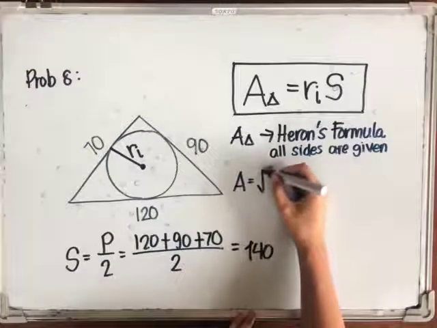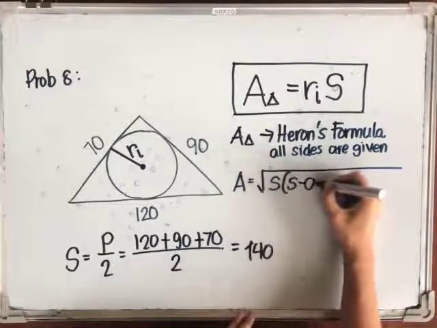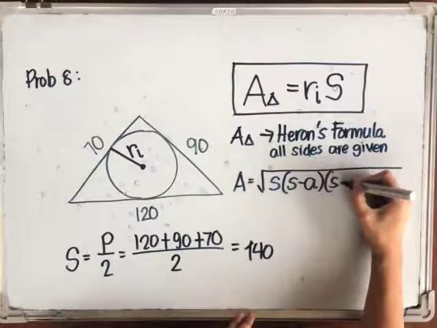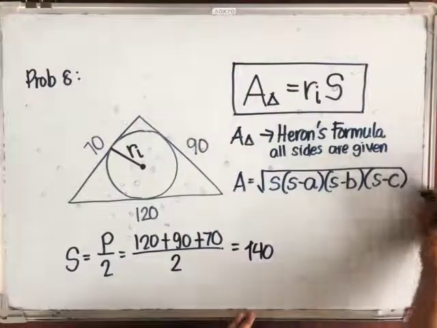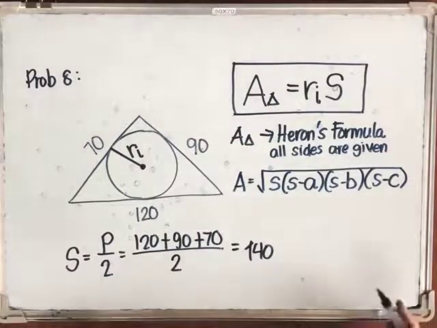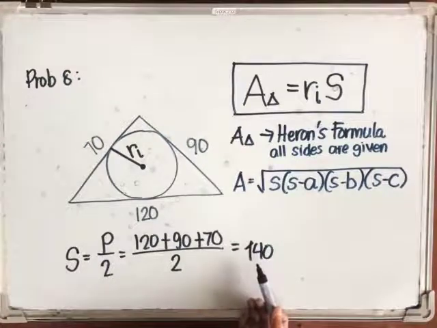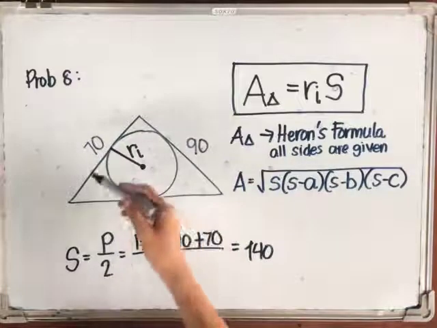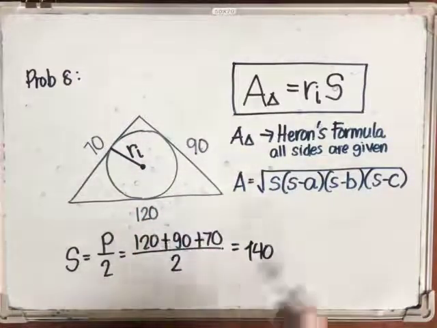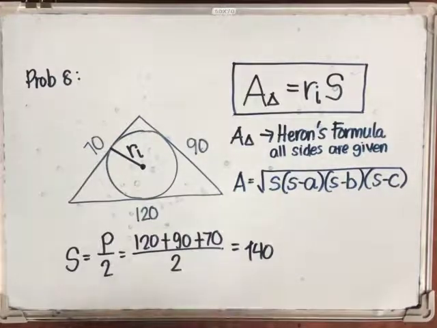This is the square root of S times S minus A times S minus B times S minus C. Yan yung gagamitin mo sa kanya. Wherein S here is your semi-perimeter. Okay, na-compute mo na 140. And A, B, and C are your sides. So this could be your A, B, and your C. Kaya bahala na. Interchangeable naman sila. And what you will get there is the area of the triangle.